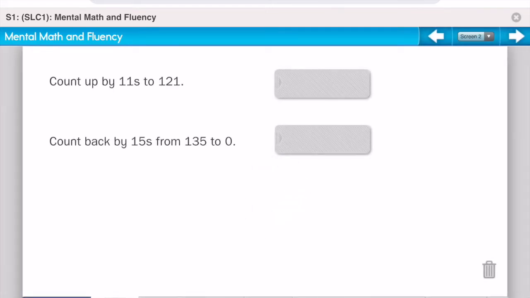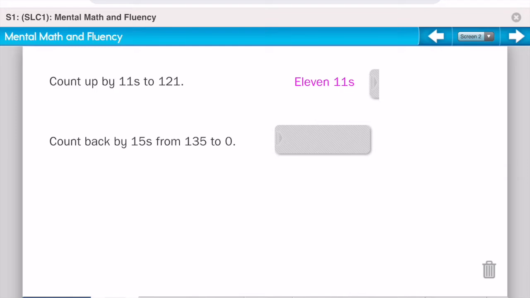Skip counting up by 11s to 121. How many times do you have to skip count by 11s to get to 121? You would have to do that 11 times on your calculator.